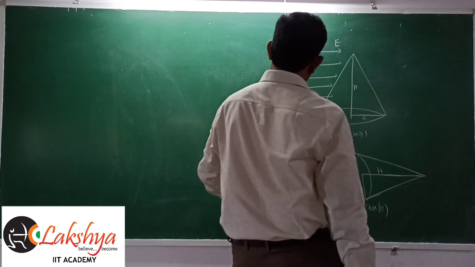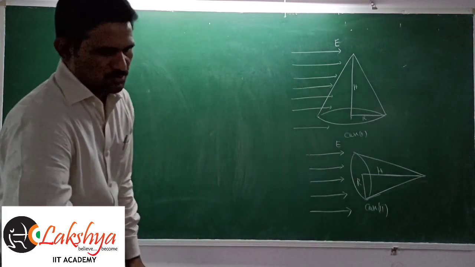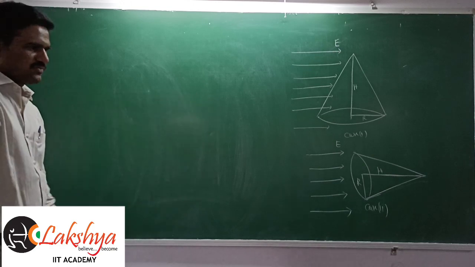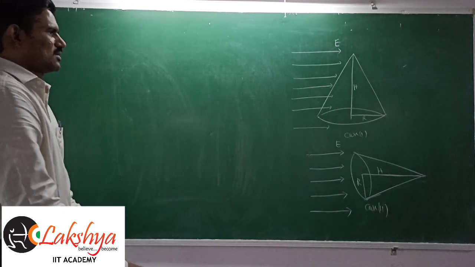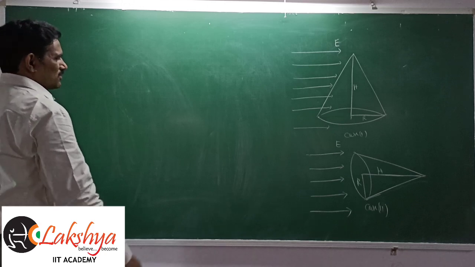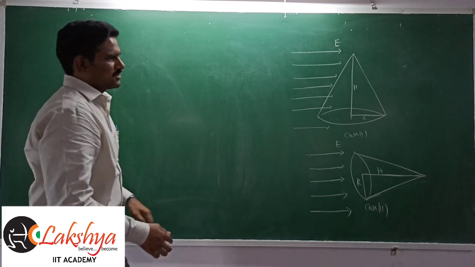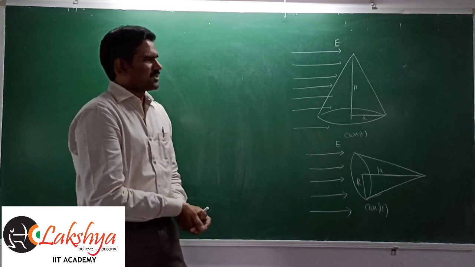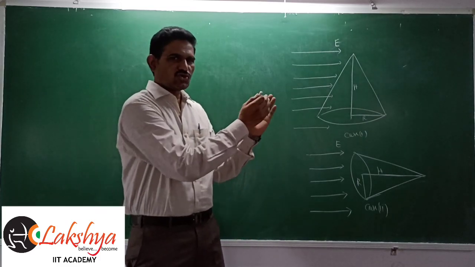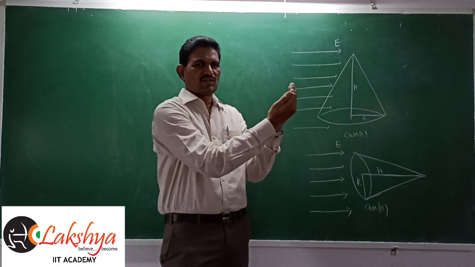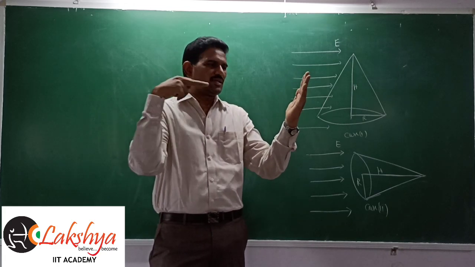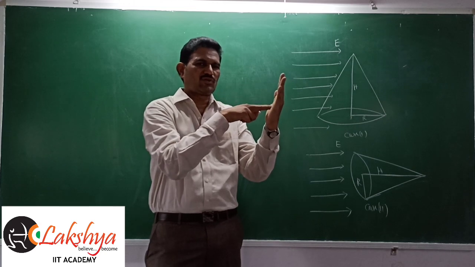So that means in one case the cone is placed vertically, and now it is placed like this, so that the flux is entering through the base of this cone here. Now here, if I consider this case, the flux entering the cone is nothing but, I can take the projection of this cone in 2 dimensions. Whatever 2-dimensional area you get, the flux passing through that area will be the flux entering this cone.